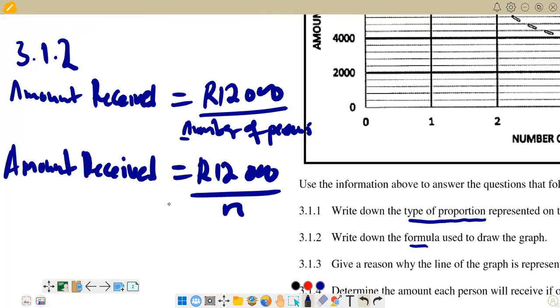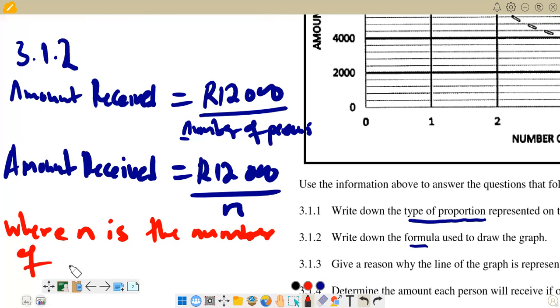So this is the equation that we can deduce there. Where n, you can give an explanation of what n is representing. Where n is the number of people. Right, so that is what we have on 3.1.2.